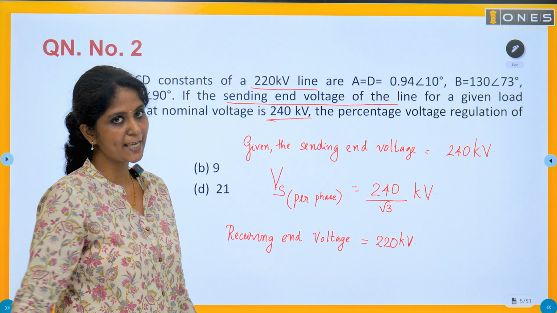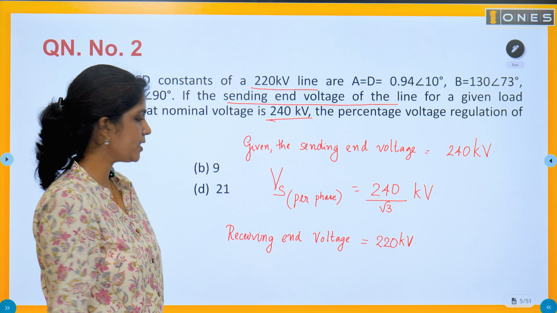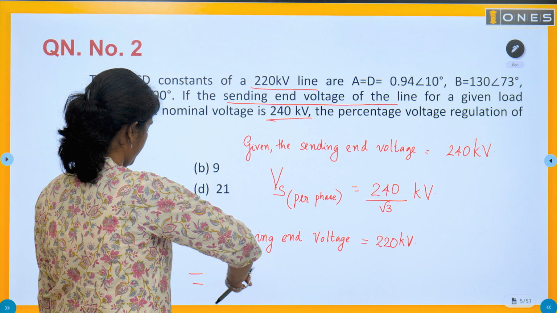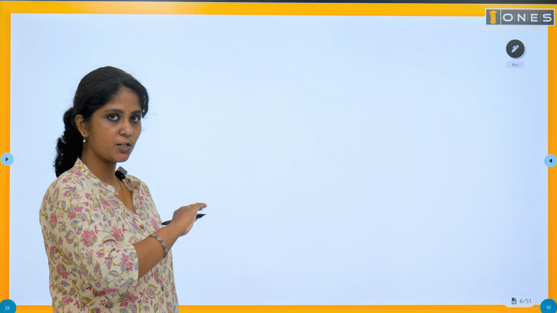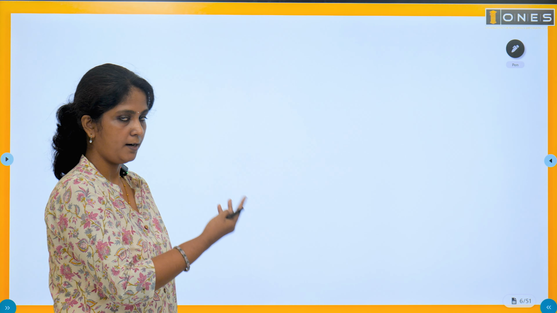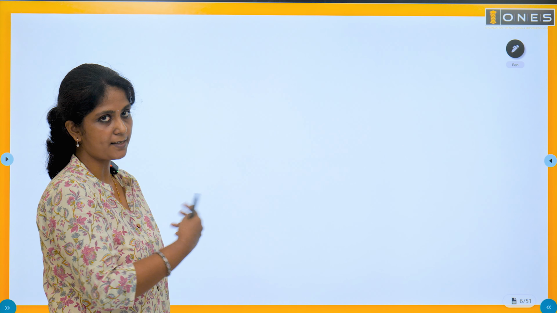And the ABCD constants, we know the equation relating sending end voltage, receiving end voltage and receiving end current.